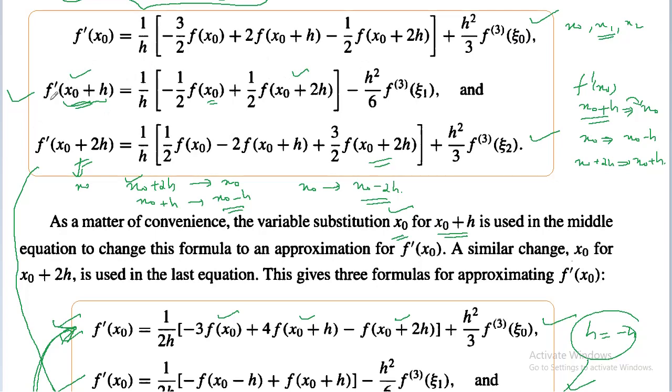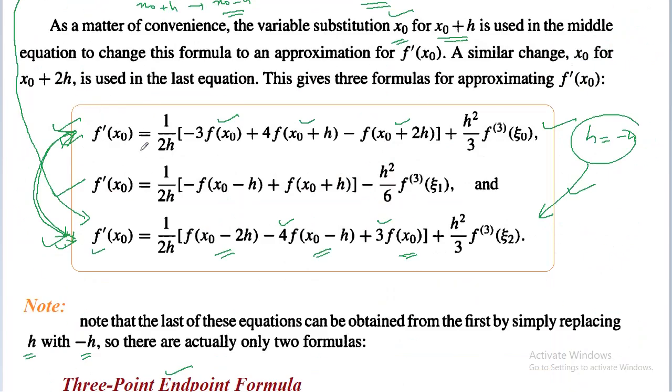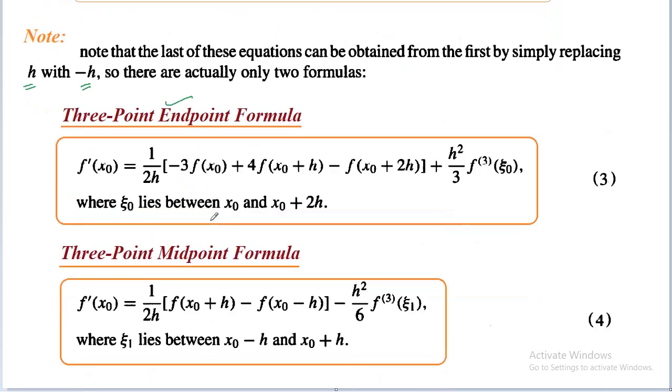This formula uses the values of f at the points x naught minus h and x naught plus h to approximate the derivative of f at the point x naught, in the 3-point midpoint formula, right? And the first one is the 3-point endpoint formula.